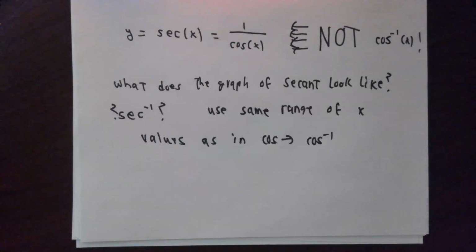How about the inverse secant? Since the secant's closely related to the cosine, probably you should use the same range of values as those that you used in getting the inverse cosine from the cosine function. We'll talk about this eventually, but it won't hurt any if you think about it a little bit.